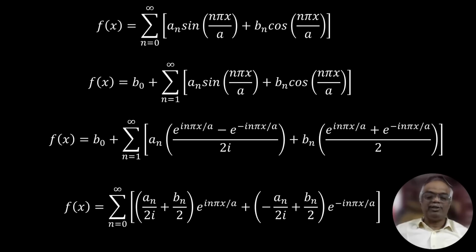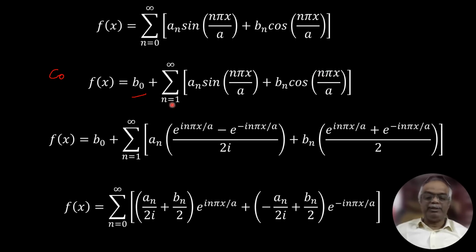This is equivalent to c_0, because they asked to represent c in terms of a and b. Then you can change the limit from 0 to 1, because for n equal to 0 you get b_0, and from 1 to infinity you have the sine term and cosine term.